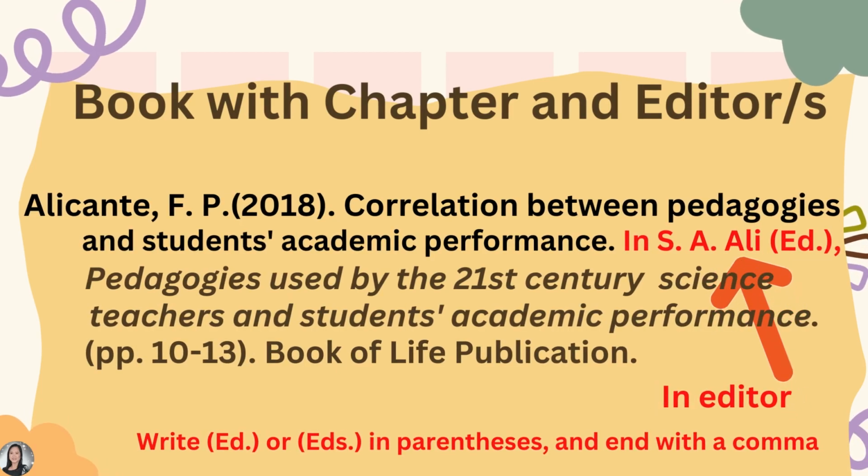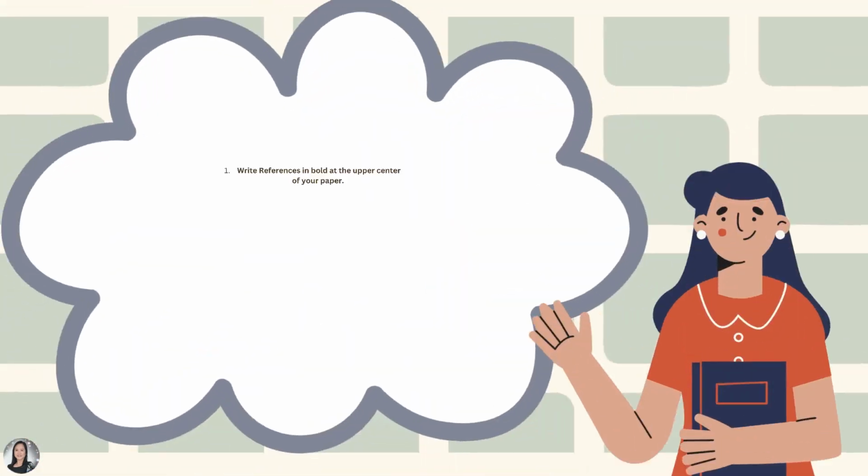In writing the editor or editors, you write the word in first, then the name of the editor. In our example, SA, these are the initials, followed by the surname. Then, write the ED if there is only one editor, or EDS if there are two or more editors, and close in a parenthesis followed by a comma.